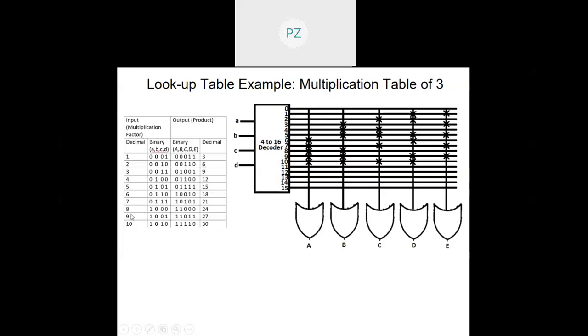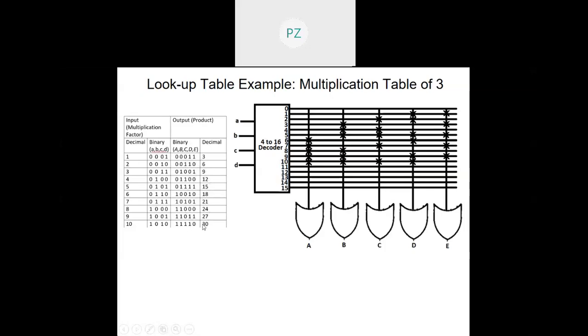So my inputs are the multiplication factors, which I'll convert to binary. This is the conversion of 1, 2, 3, 4, 5, 6, so on, up to 10. And the product is given over here in decimal, with the equivalent conversion in binary: 3, 6, 9, 12, 15, 18, 21, 24, 27, 30, right?